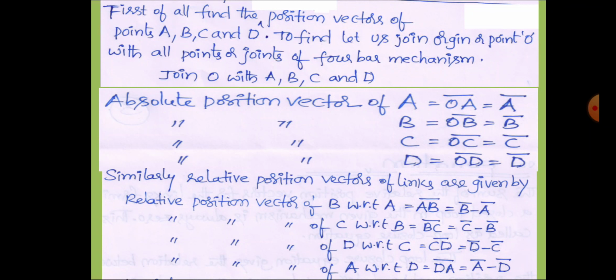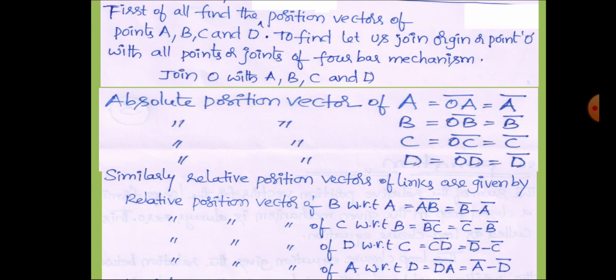Now find the relative ones similarly. Relative means the position vector of one point with respect to another point. Then only it is called a relative position vector, for example of point B with respect to A, because A to B is the vector. So B with respect to A is nothing but AB bar, which is simply, without looking at the figure, AB bar means it is from A to B. So I should write it as the difference B bar minus A bar.